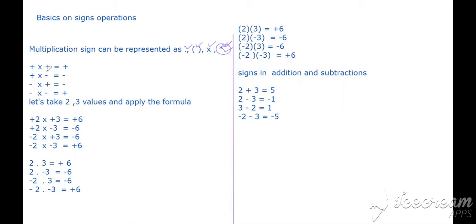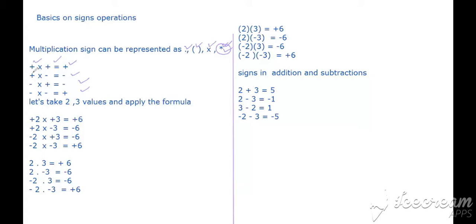So let's go to the formulas. You all know this; actually, these are all very small things. Plus into plus is plus, plus into minus is minus, minus into plus is minus, minus into minus is plus. Now let's take two numbers, 2 and 3, and apply these formulas.